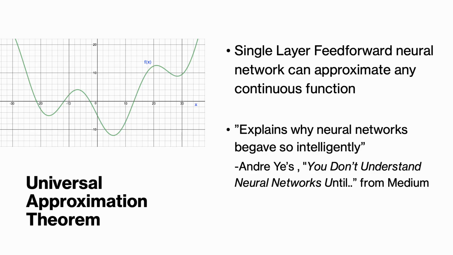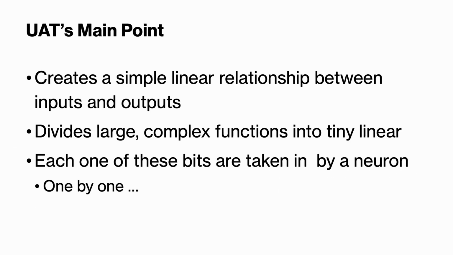UAT is really cool because it explains, according to Andrej Karpathy, why neural networks behave so intelligently. And we'll dive into that a little bit more, and we'll understand the quote a little more thoroughly.